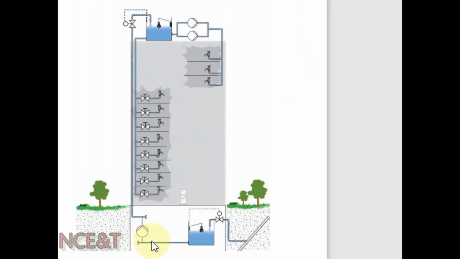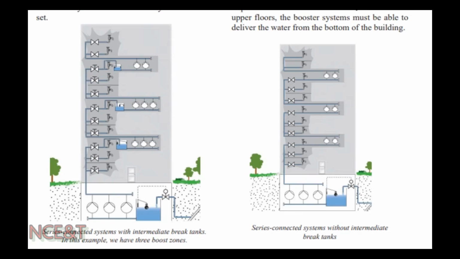In this system, first we use the booster pump to supply water from the basement up to the top floor water tank. Then for the upper floors we need to use a small booster pump to provide sufficient water pressure. Later on we will study all these systems in detail one by one. I hope this video will help you.